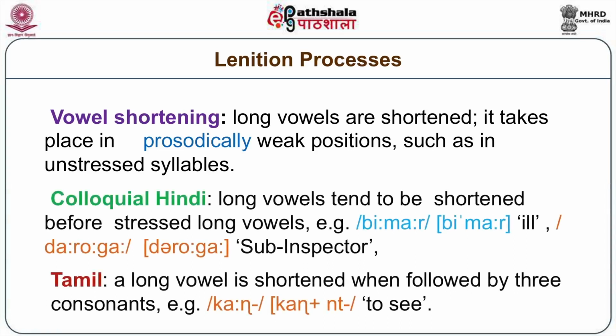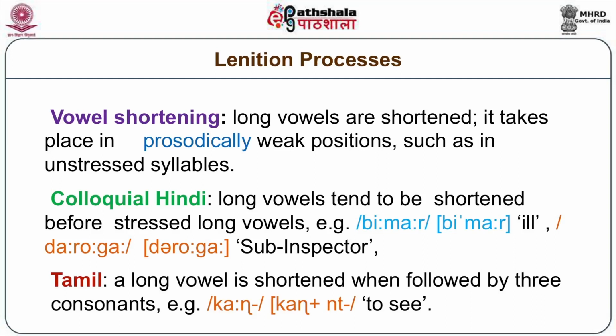For example, in Hindi, we find that if a long vowel occurs before another long vowel which is stressed, then this unstressed long vowel is pronounced as a short vowel. Examples are words such as bimar or bimari. When ma is stressed, we hear it as bimari.